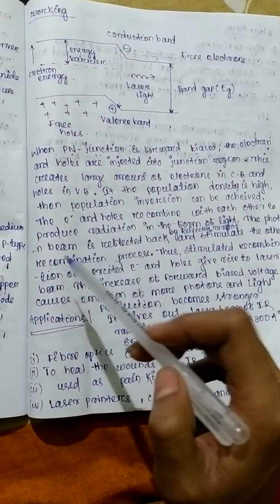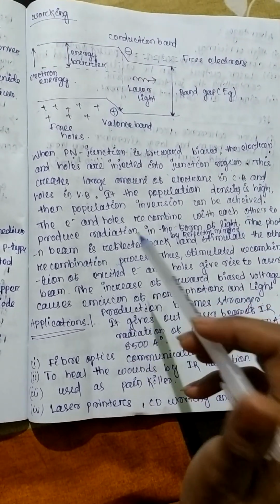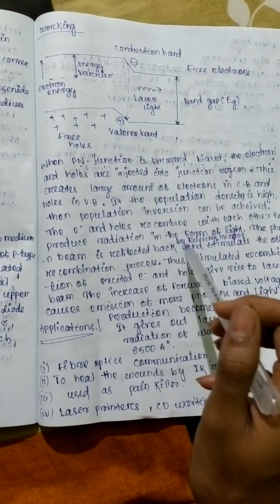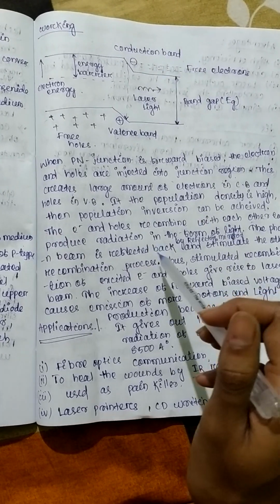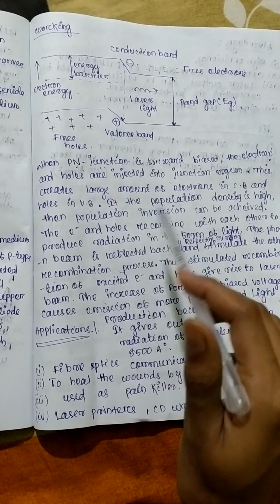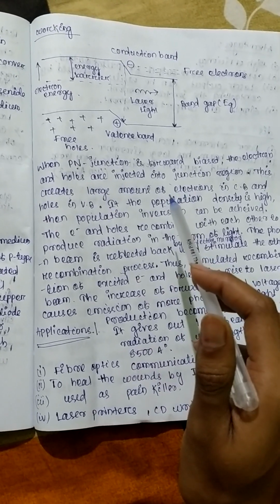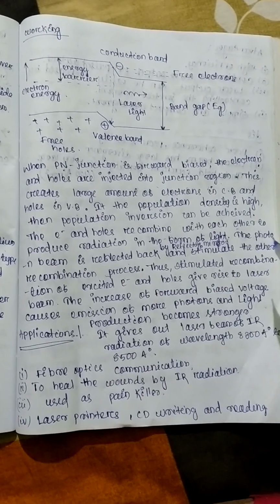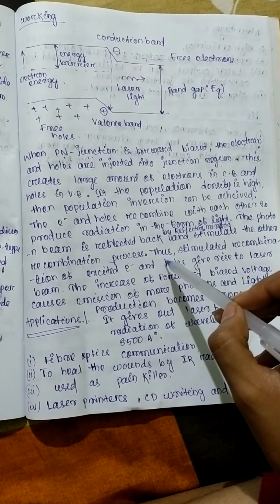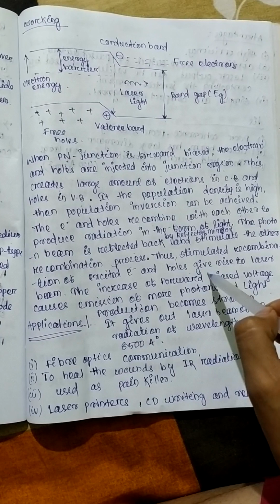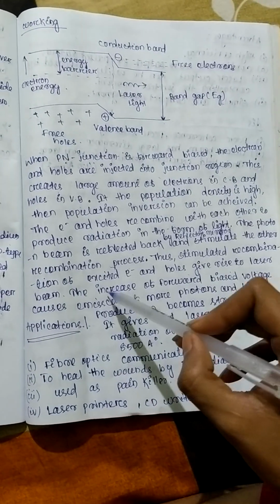So basically, this is a continuous process, where the beam is reflected back again and again by a fully silvered mirror, and the stimulated recombination of excited electrons and holes gives rise to the laser beam.